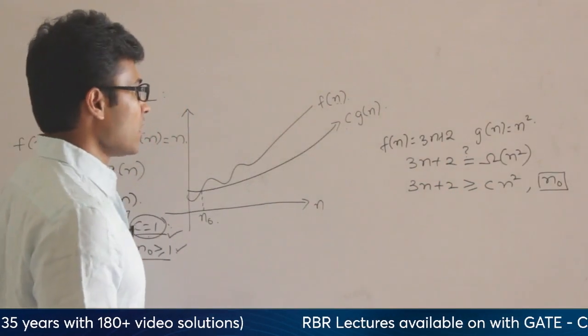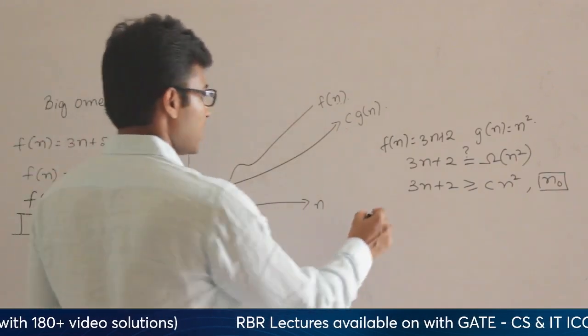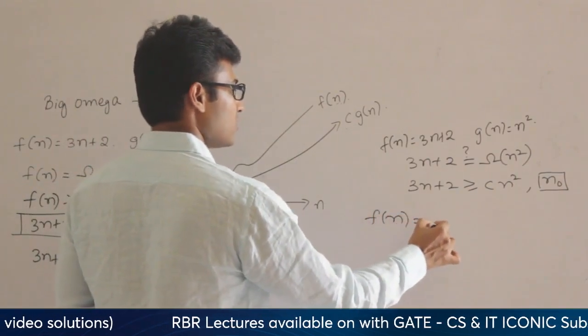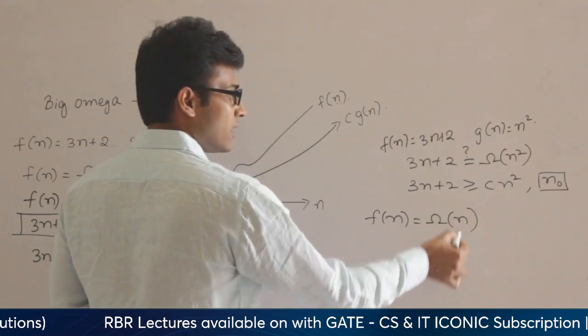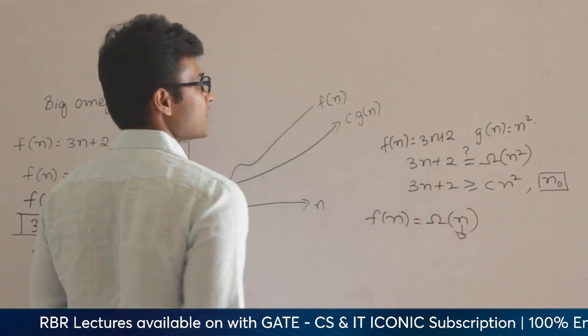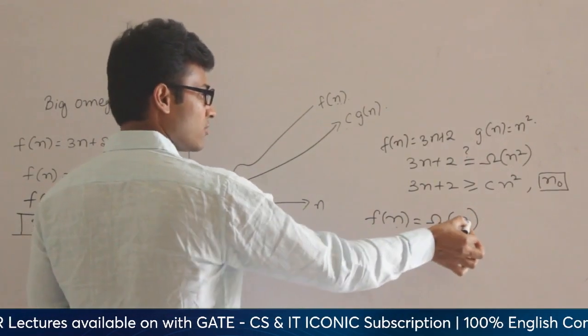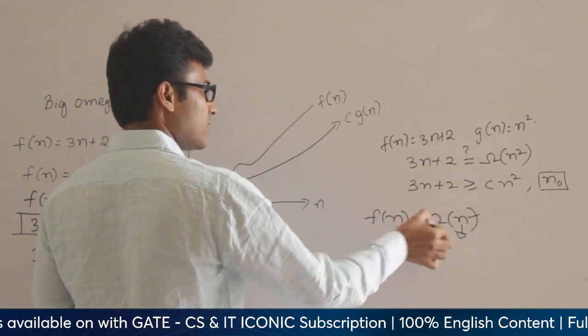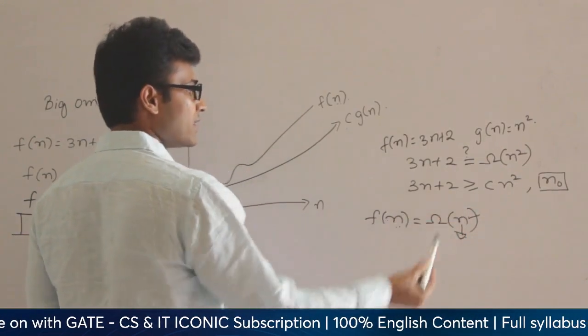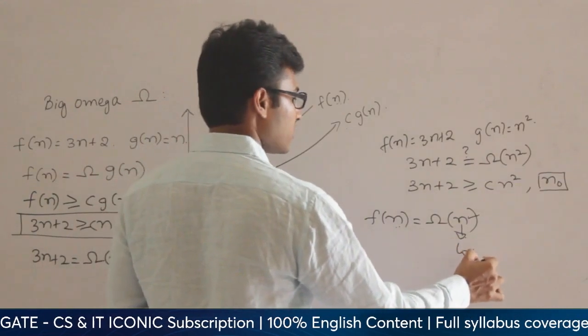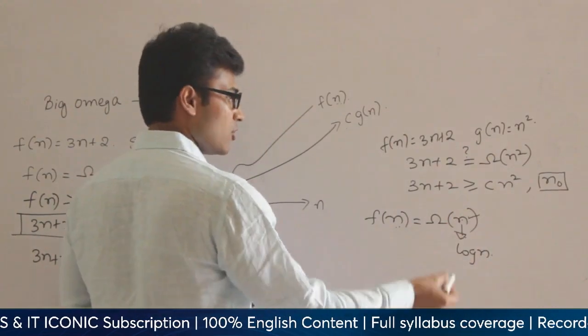Okay, so if you found out that f of n is omega of n, then anything less than n can be an answer, which means if f of n is lower bounded by n, then it will be lower bounded by anything less than n as well. You can go for log n. Log n is less than n, so it will be lower bounded by this.